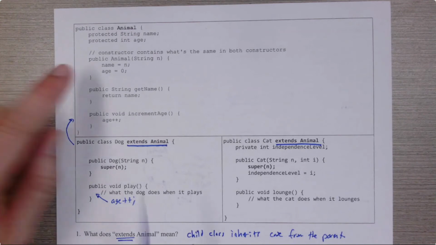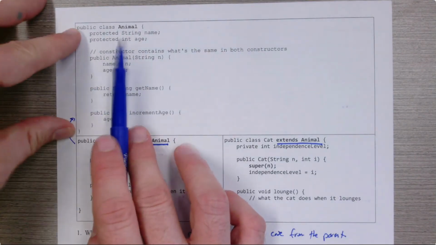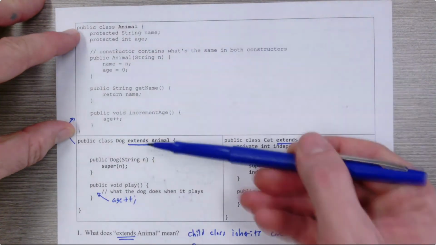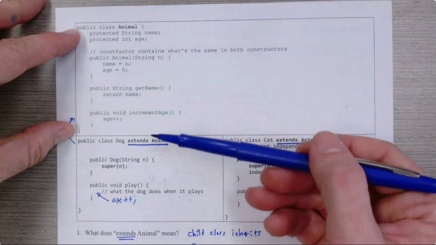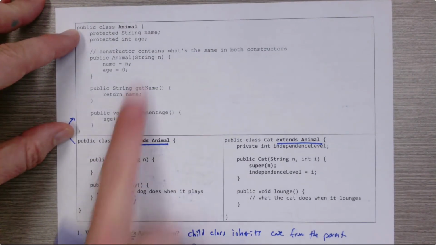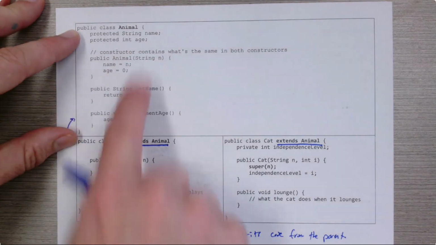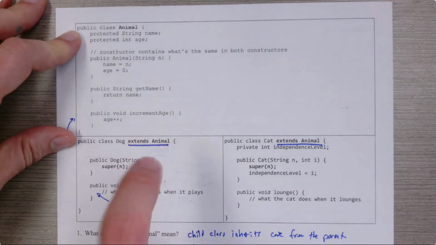So what does that mean? Let's pretend that age had been marked private up here. Remember that private means that the variable is only accessible from that class. So even though dog extends animal, that means that dog would have an age variable. But if the age variable was private up here, dog couldn't access its own age variable.